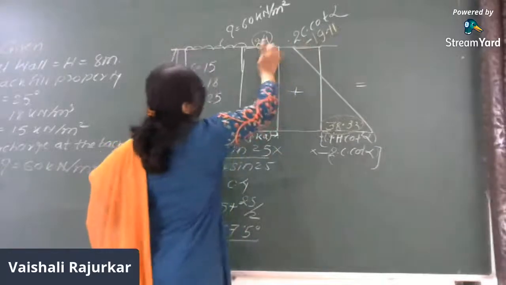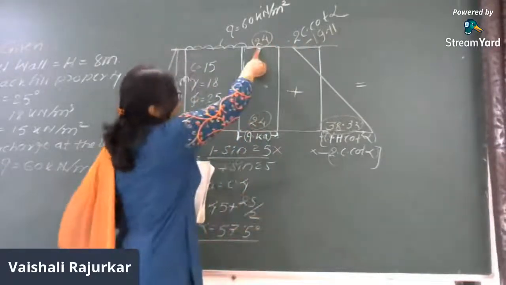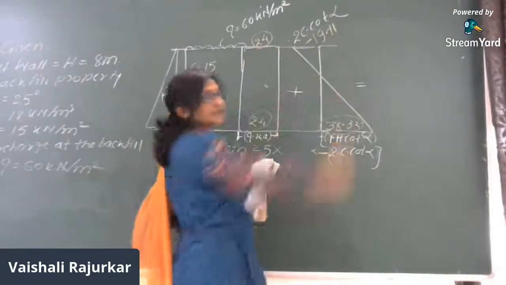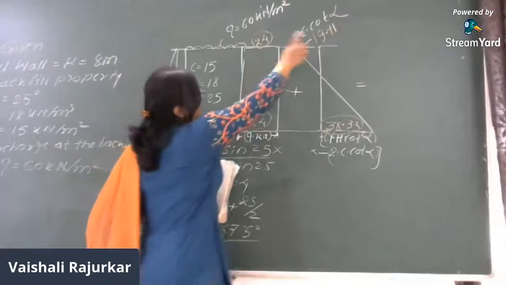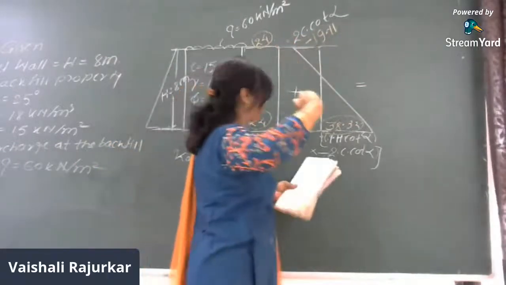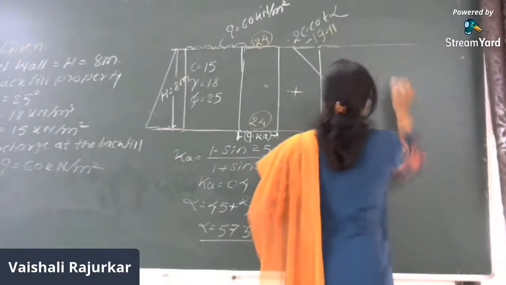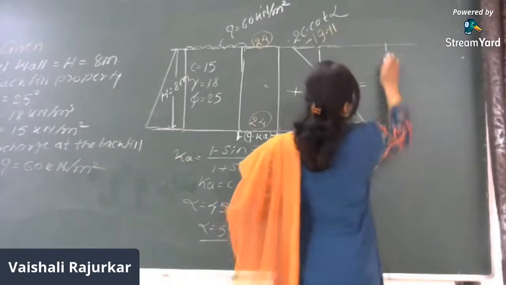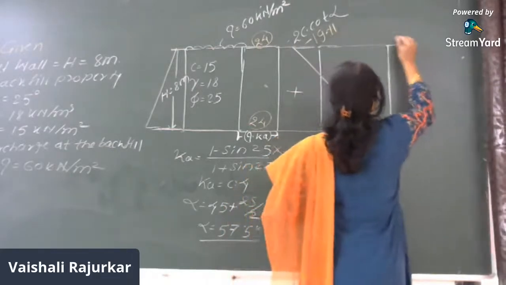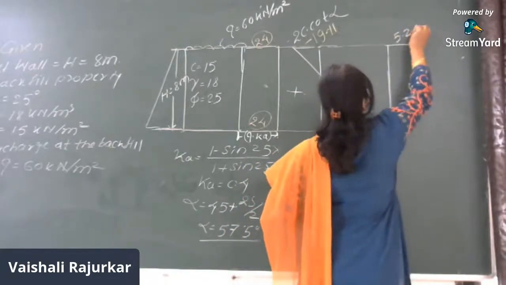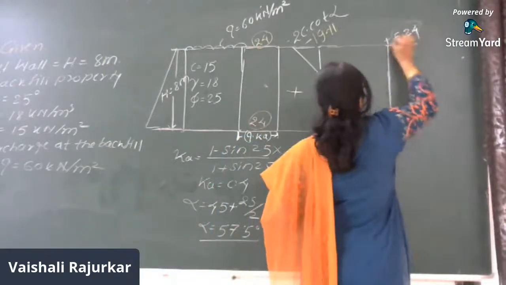So this is negative, this is positive. Means the value is positive because 24 is positive, 19.11 is negative. So 24 minus 19.11, it is found to be 5.24. This is positive.